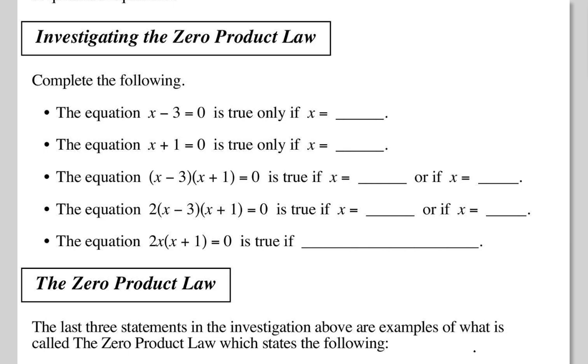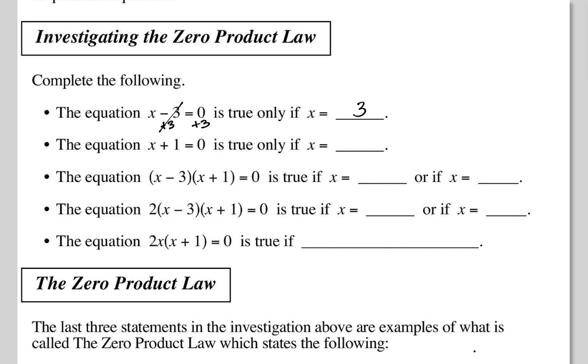X minus 3 is 0 is true only if... pretty simple idea, hey? Good. Because what you would do to the left, you would add 3 to the left and you would add 3 to the right and you would get x equals 3.